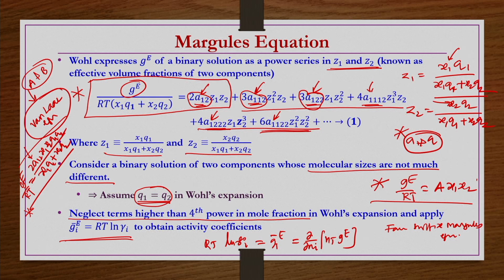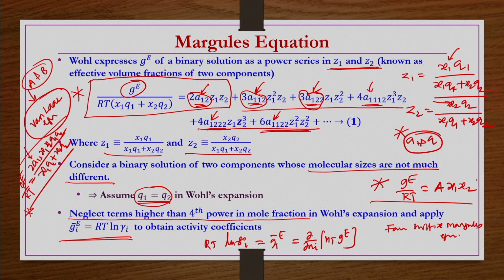Then gradually we come back to the smaller level, that is 3 suffix and then 2 suffix Margules equation, by making some adjustments or simplifications.